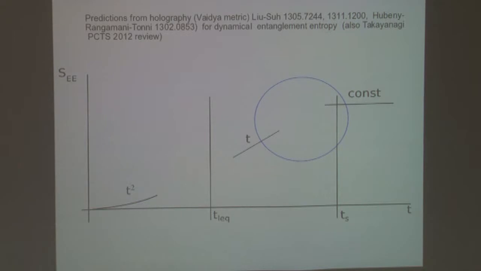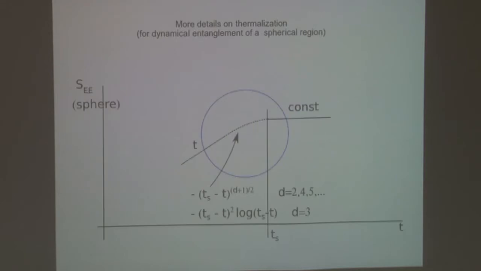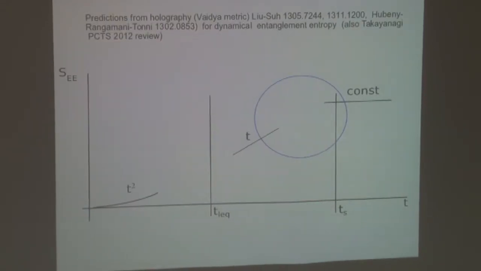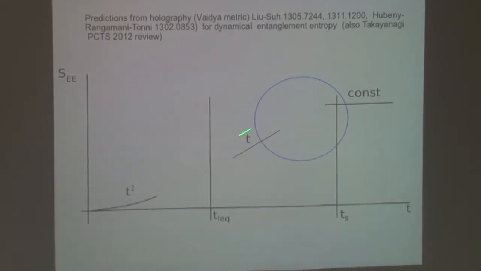One is the saturation time scale, and this has been called in these papers the local equilibration time scale. My interest in this talk would be mainly in the late time behavior. And so here I have left this sort of disconnected.